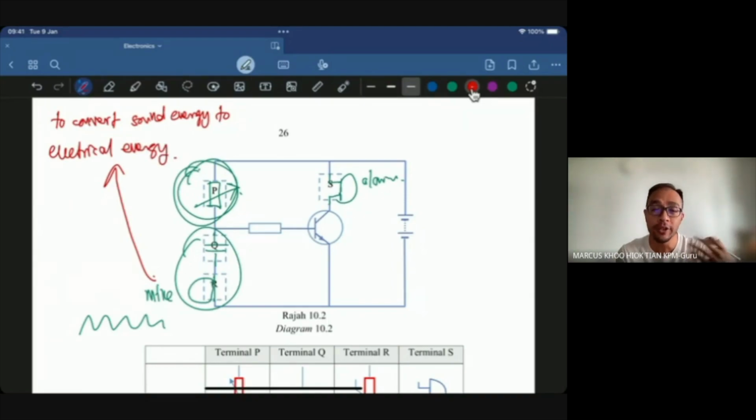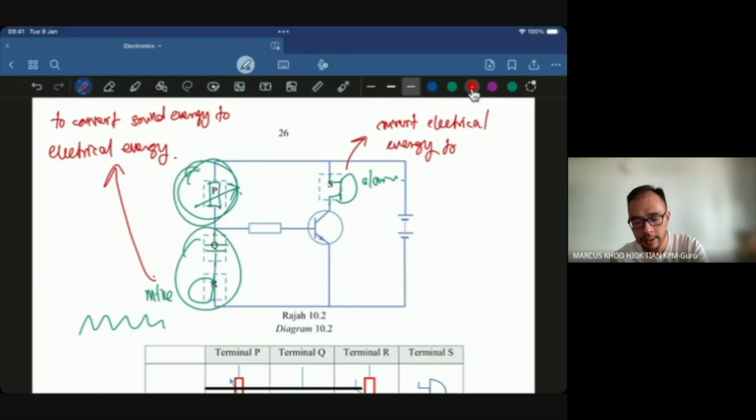I know the function of the microphone is to pick up the baby sounds, but wow, where's the physics in that? So to convert the sound energy to electrical energy, or sound signal to electrical signal. And finally, the alarm is to convert, this is so terrible, electrical energy to sound energy.